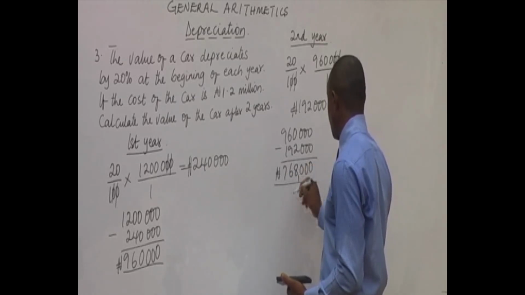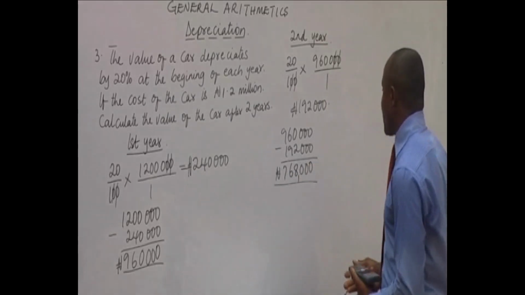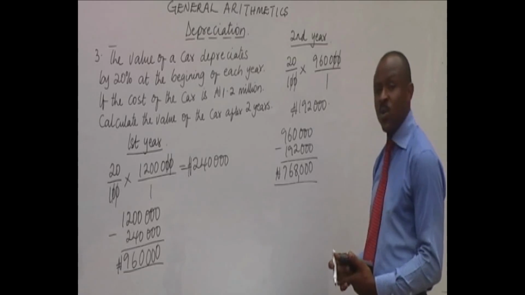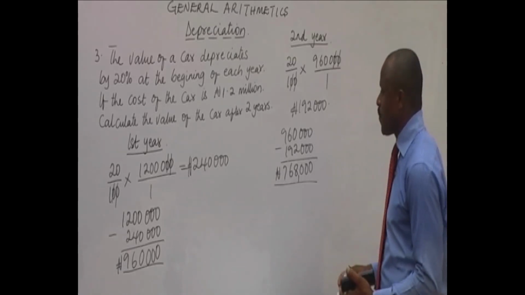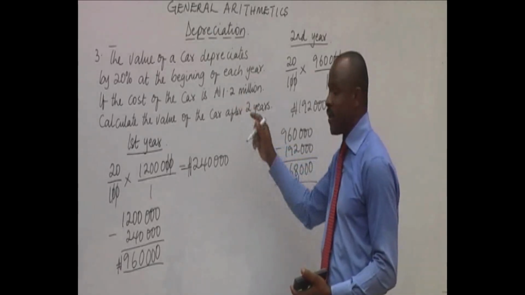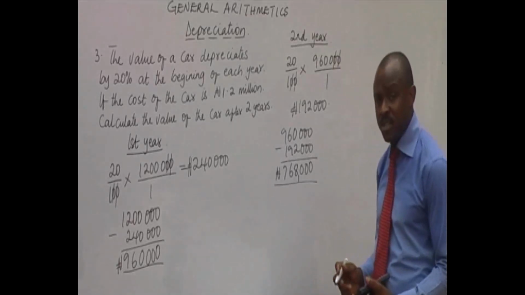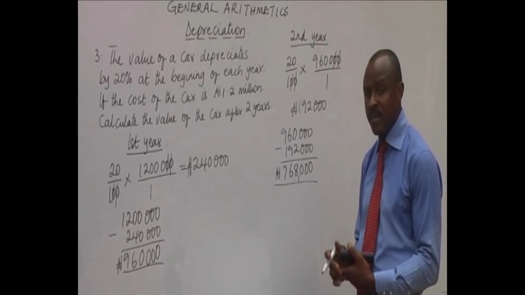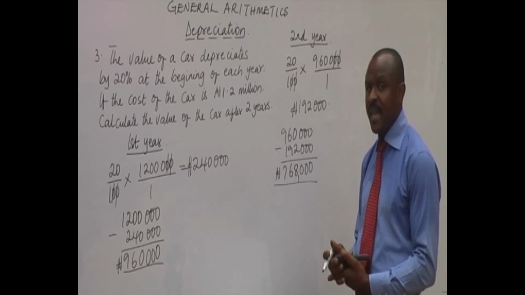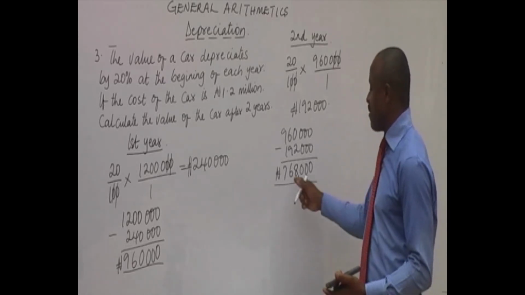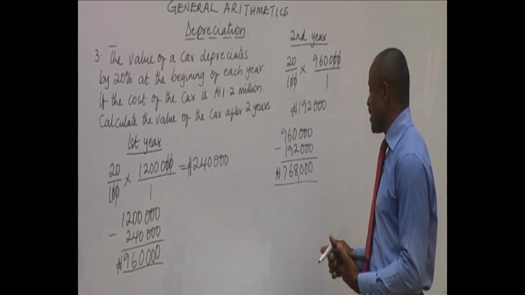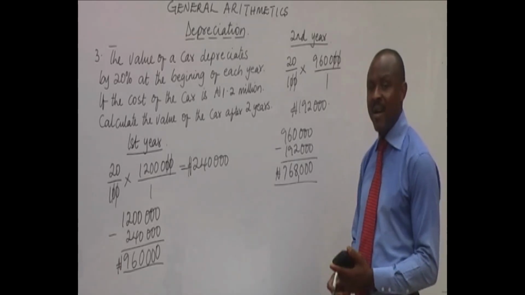So we have 768,000 will be the value of a car that's worth 1.2 million if the depreciation per annum is 20%. That car will have the value of 768,000 naira after 2 years.